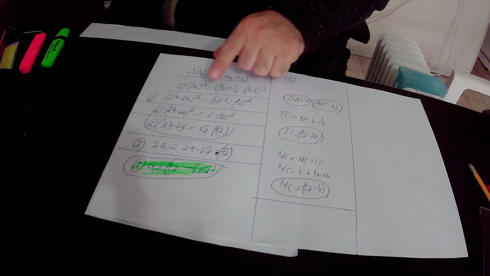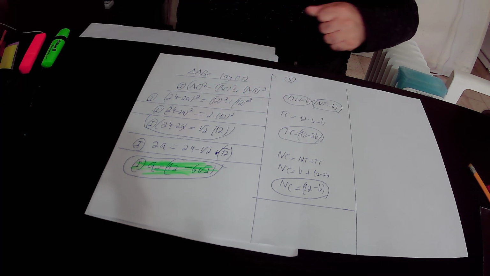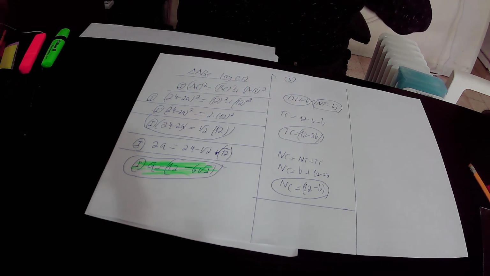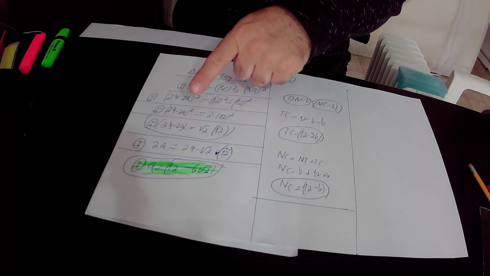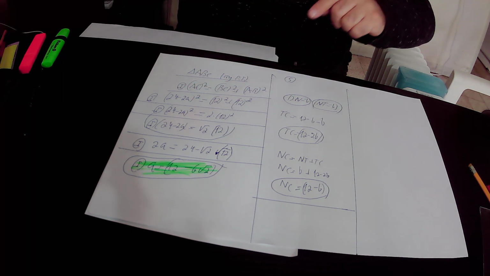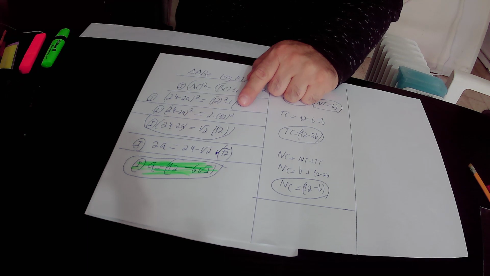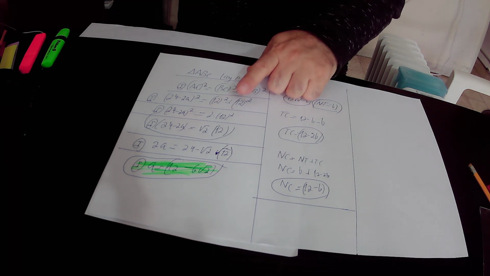So here we took a root of this equation, equation number 1, and we found out that 24 minus 2A equals the square root of 2 times the square root of 12 square, and the square root of 12 square is 12 because the root cancels the square and we are left only with 12.